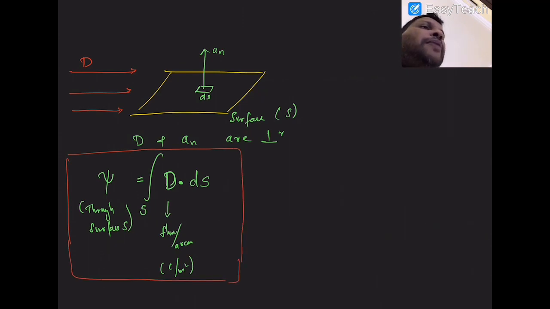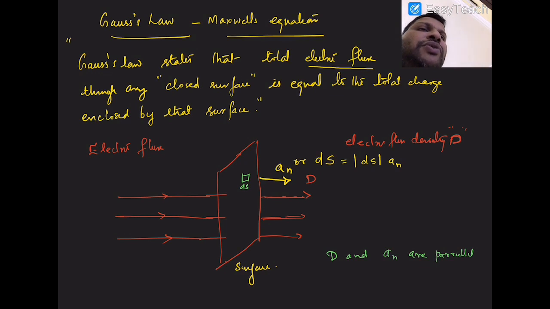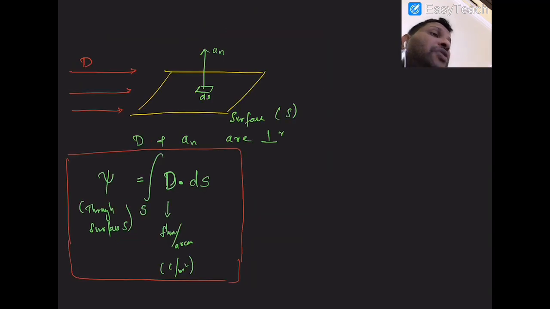Now we will see what Gauss's law states. Gauss's law states that the total electric flux through any closed surface, it should be a closed surface first. Let us assume that we have some charge here. Now let us consider some closed surface around this charge.